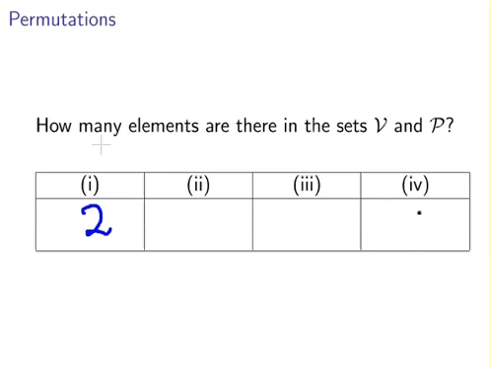But automatically we are bound to pick one of those 2 vowels, A and E, for the last selection. We can pick any of the 5 letters for the second selection, but we must use that selection again. We have no other options, so there's only one option for the third selection. So there are 10 elements that are in both sets V and P.